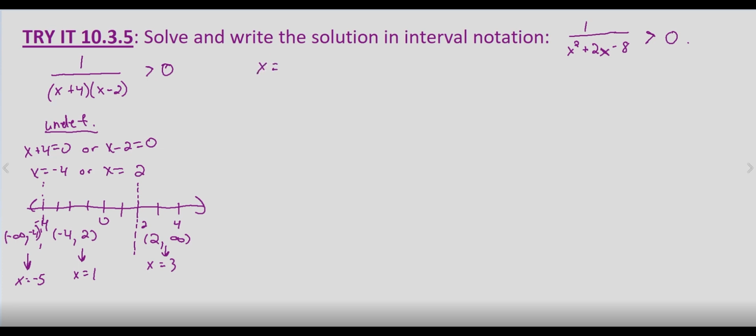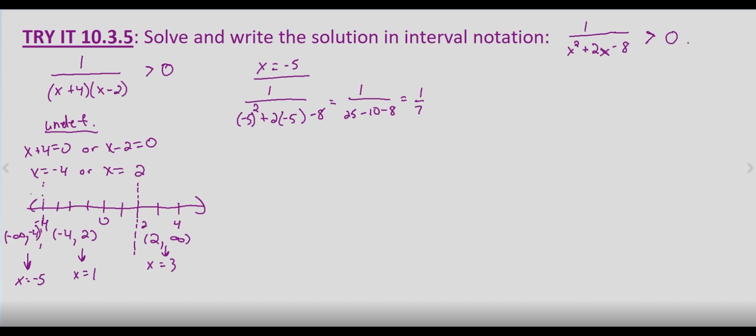So x equals negative 5. With that, we have 1 over negative 5 squared plus 2 times negative 5 minus 8, which equals 1 over 25 minus 10 minus 8, which equals 1/7.